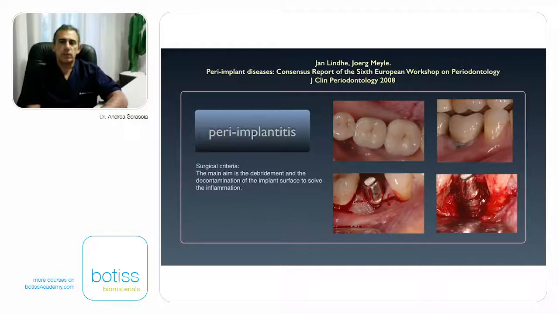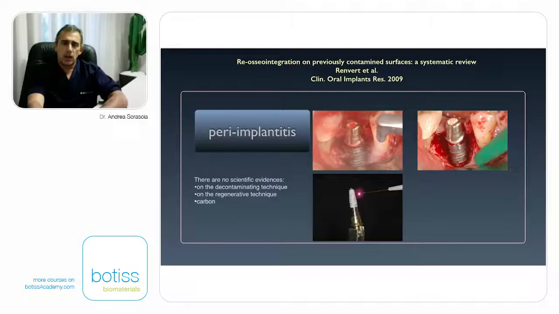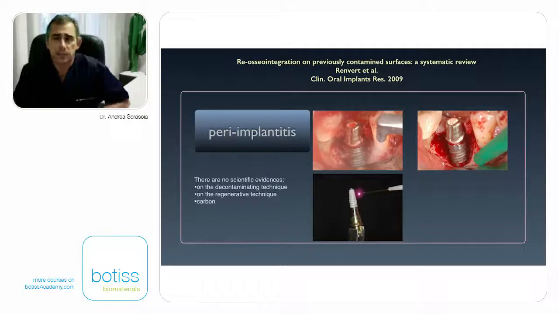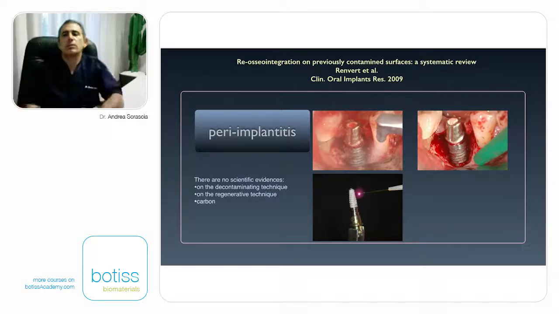Surely, the first approach would be to surgically decontaminate the implant surface to clear the infection, but there is no scientific evidence. There is no scientific evidence about the correct decontamination technique, nor about an eventual regenerative technique to be used to correct periimplantitis with intrabony defect.